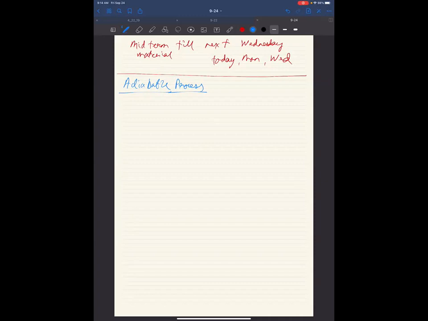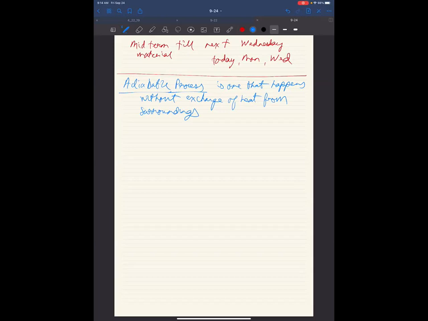So an adiabatic process is one that happens without exchange of heat from surroundings to system, or without exchange of heat from surroundings. No heat is lost to the surroundings, no heat is gained from the surroundings.